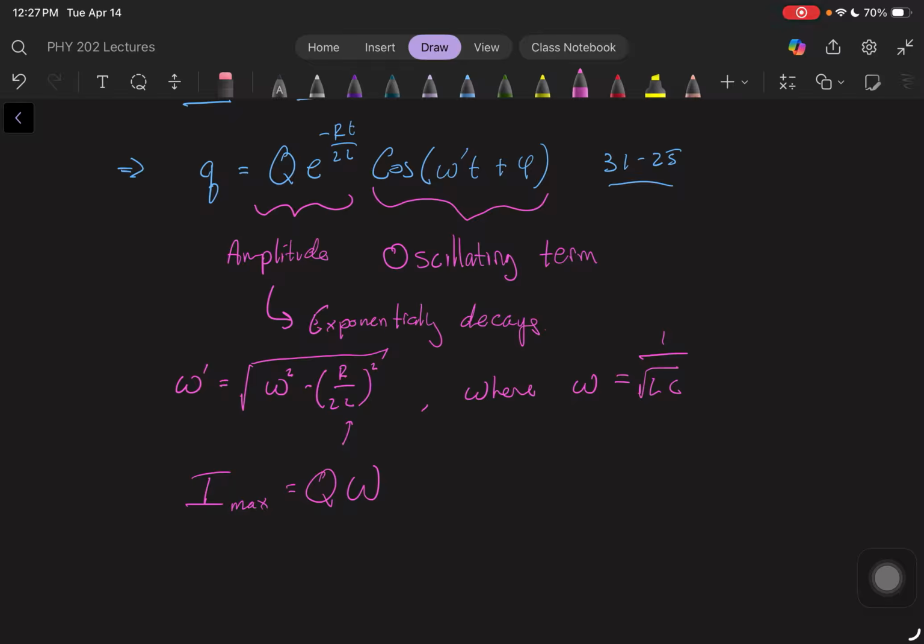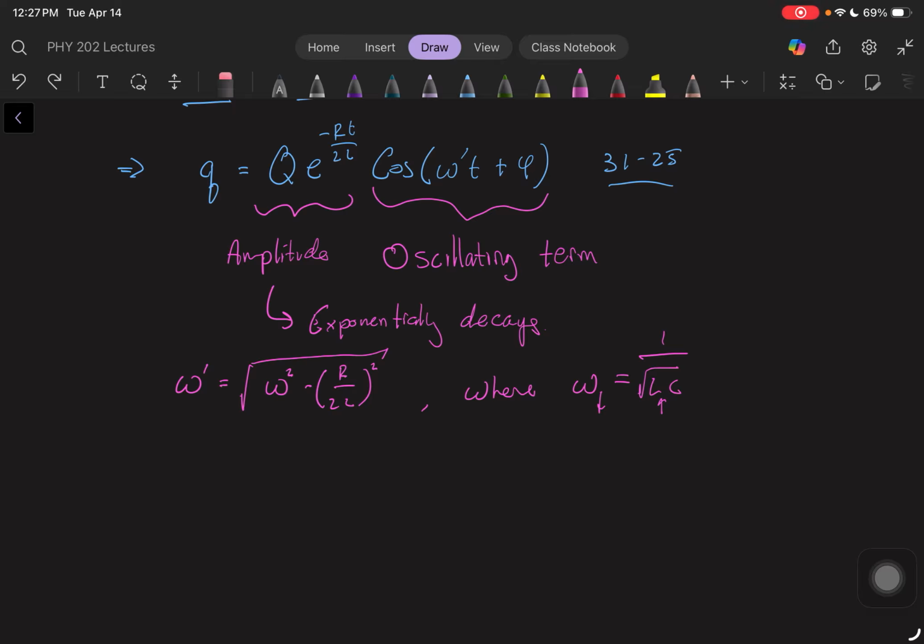And so as we increase inductance, we decrease omega. If we decrease omega, we decrease I max. And so the inductor is in there to reflect that: the higher the inductance, the lower the overall current, and then the slower we dissipate the energy.